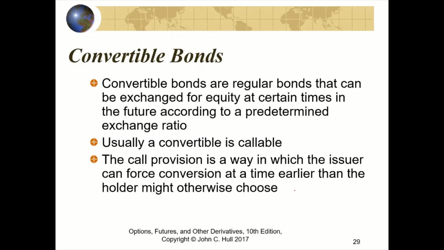With respect to a convertible bond, sometimes the issuer of a convertible bond will also make it callable. So he has the right to call the bond before its maturity date.